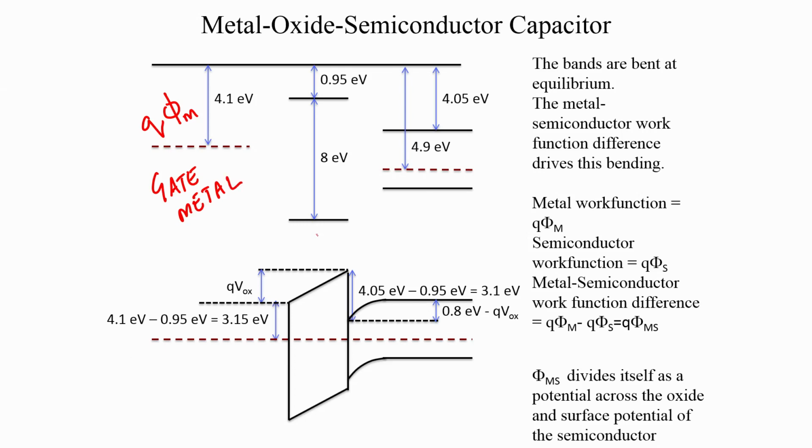This is the insulator or the oxide, and we have chosen an insulator whose band gap is about 8 electron volts, so it is a large band gap. That is the conduction band, that is the valence band, and that is the large band gap in the insulator. The electron affinity for the insulator is about 0.95 electron volt.